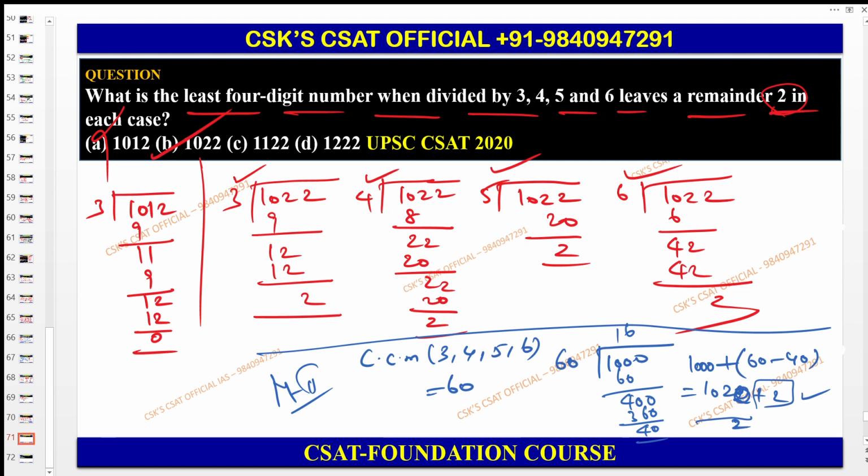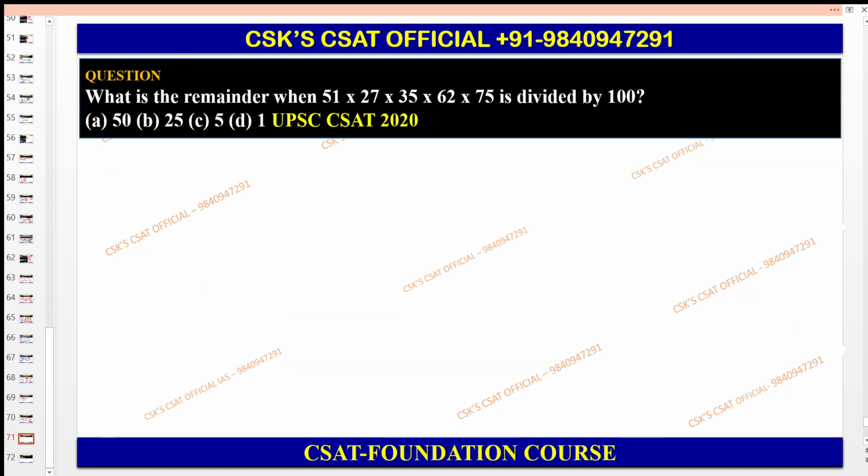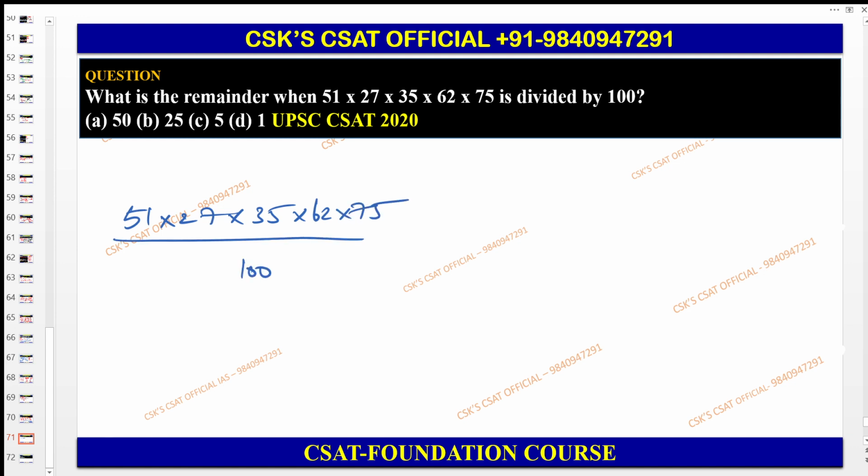Yes, sir. Okay. Yes, this is a very good question. Many people made a mistake by marking 1 as the answer. If you know the basic logic, then easily you can eliminate 50% of the options.